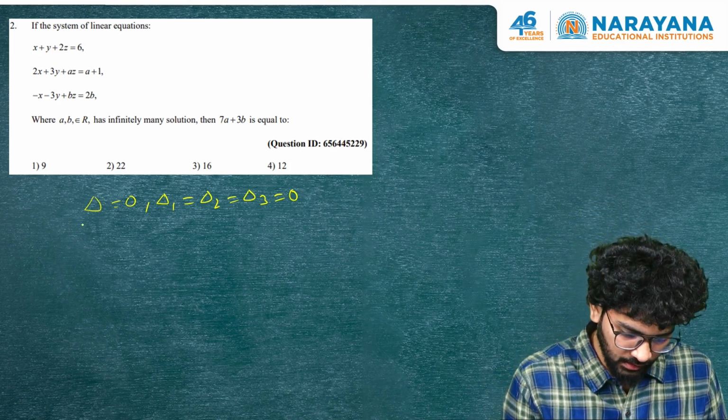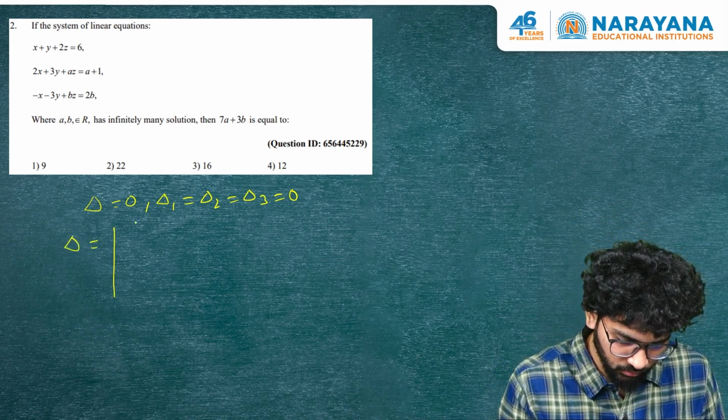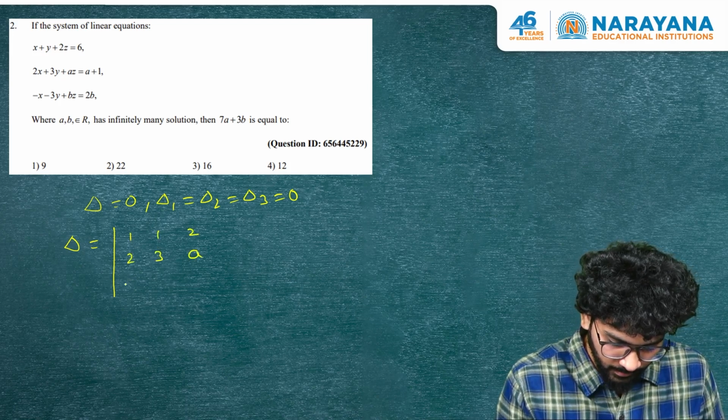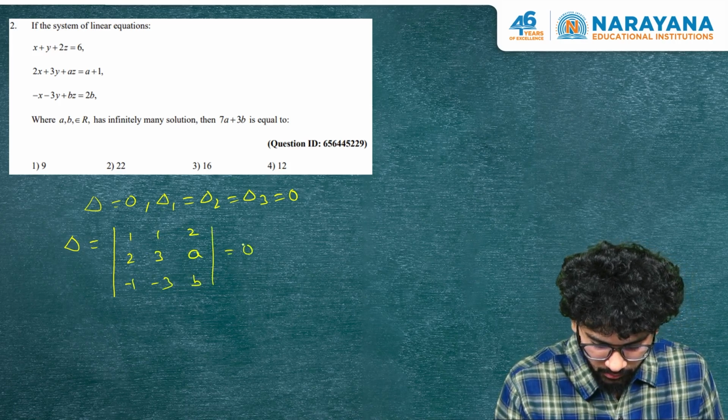So let us calculate delta first. Delta is equal to 1 1 2 2 3 a minus 1 minus 3 b is equal to 0.